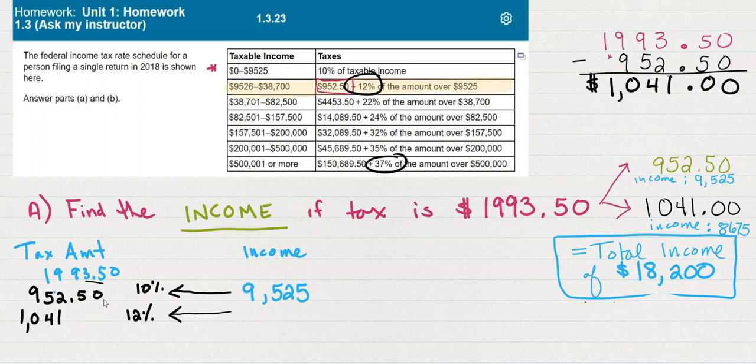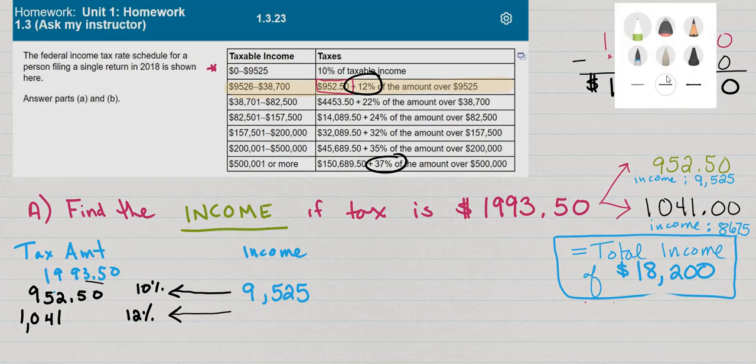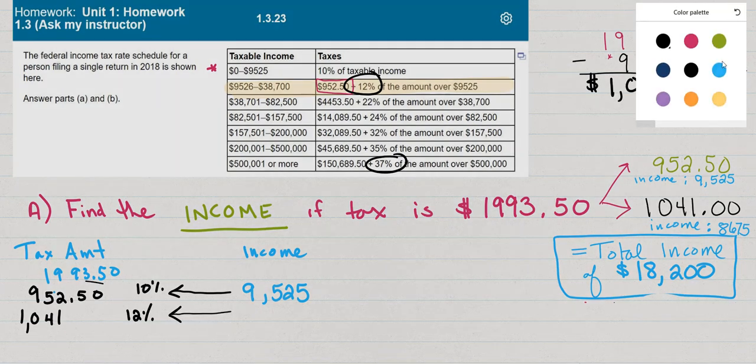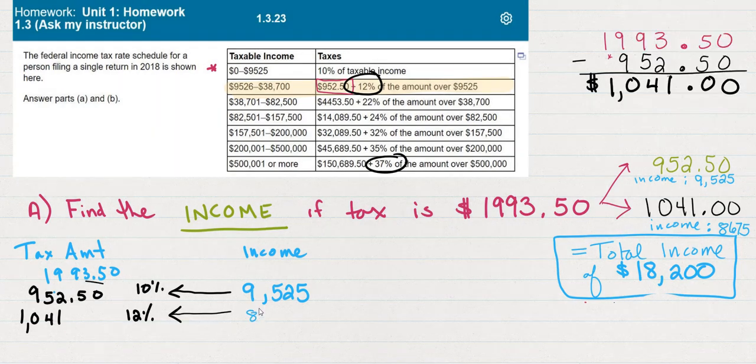But anyhow, going back to the example here, if we have the $1,041 of taxes and we work backwards from that, we'd see that the income would have been $8,675. So for the tax amount, I'm going to start by subtracting out that $952.50, which would have come from 10% of an income.